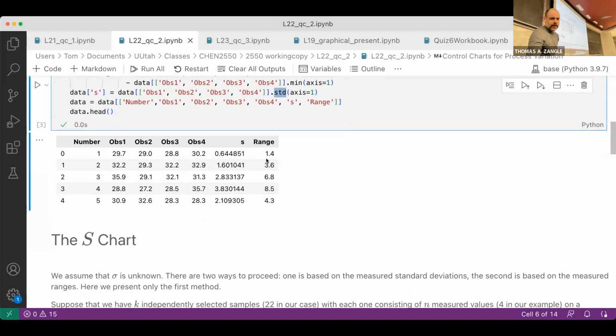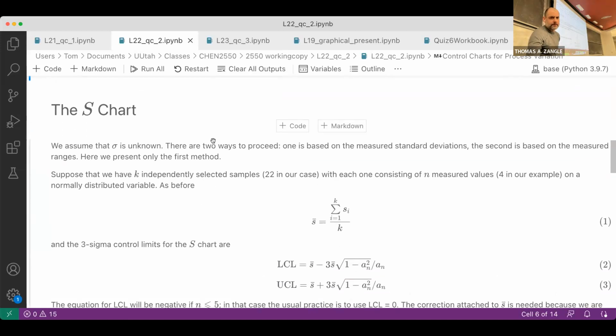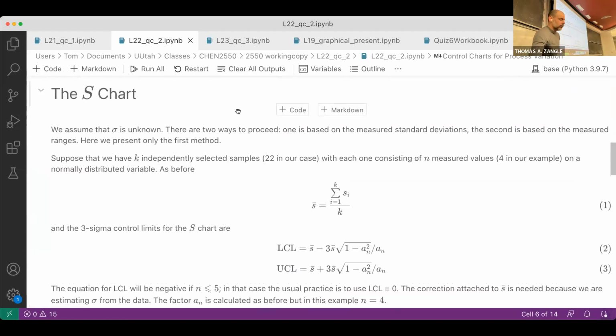So with this data, we can then construct what we call the S chart. Again, just as for the X bar chart, we could either construct this chart assuming that we have some, let's say, historical data on what the population standard deviation is, or in this case, we're going to proceed assuming that we don't know what the population standard deviation is.